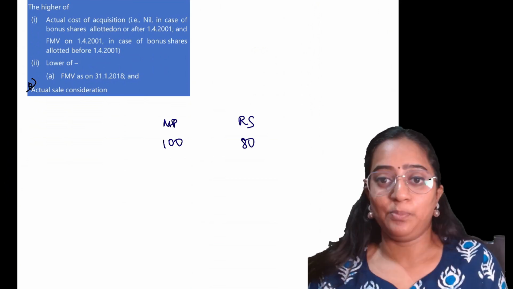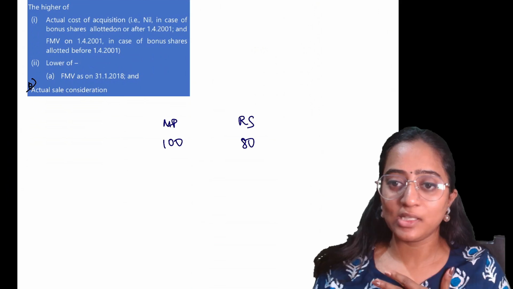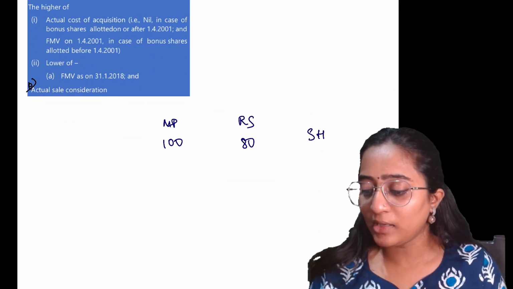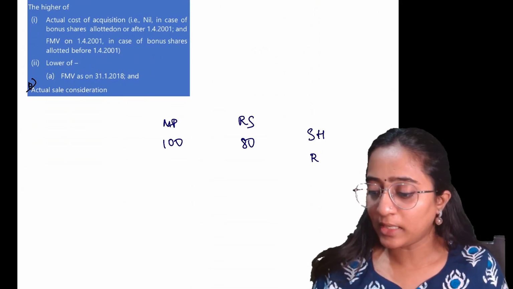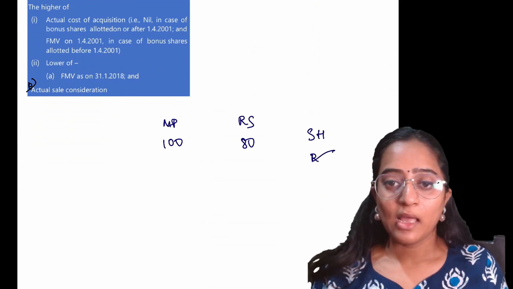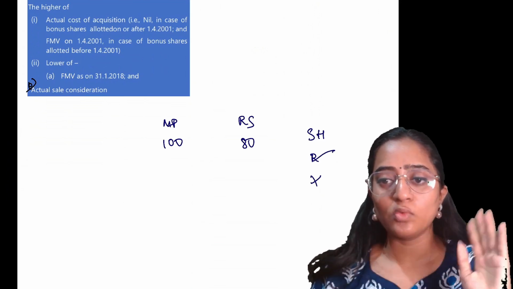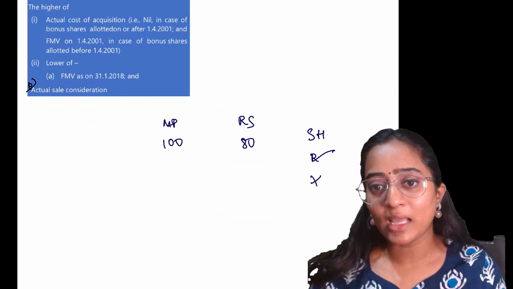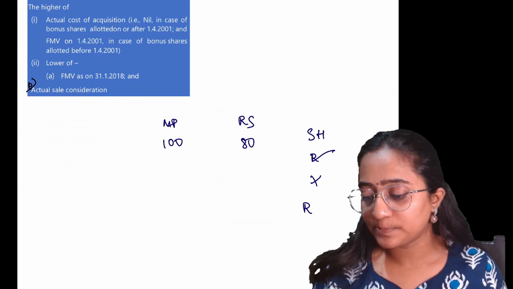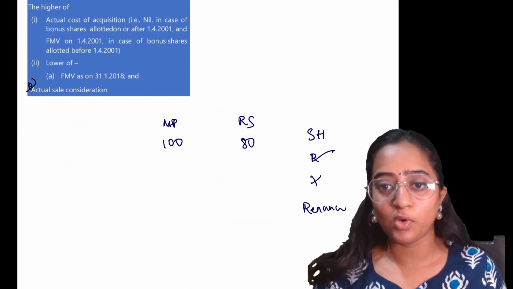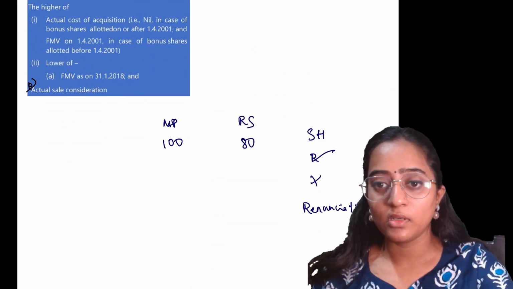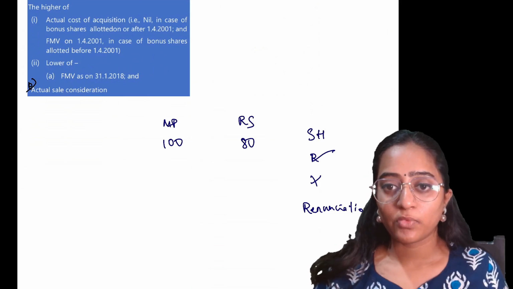As a shareholder, three things can be done with right shares. I can accept it. I can reject it outright, stating that I don't want the shares at all. Third, I can renounce it. Renunciation is possible.